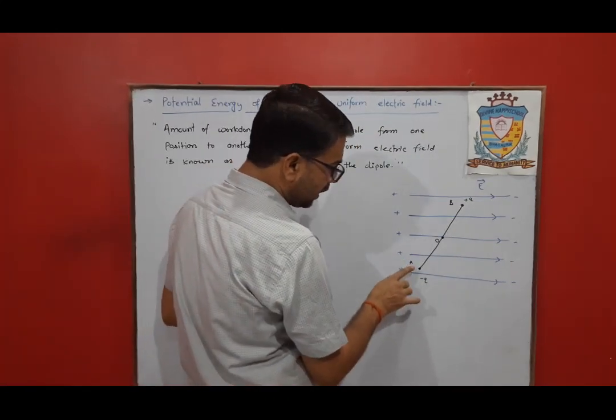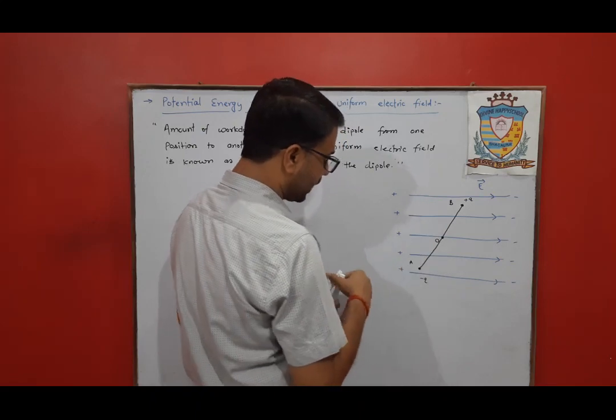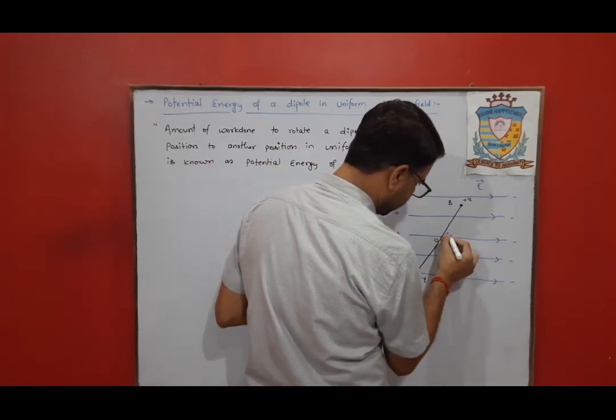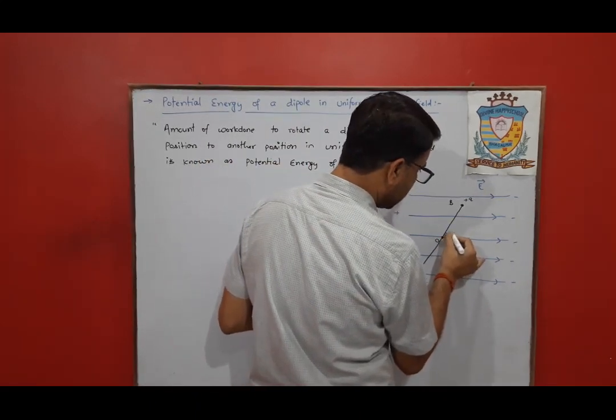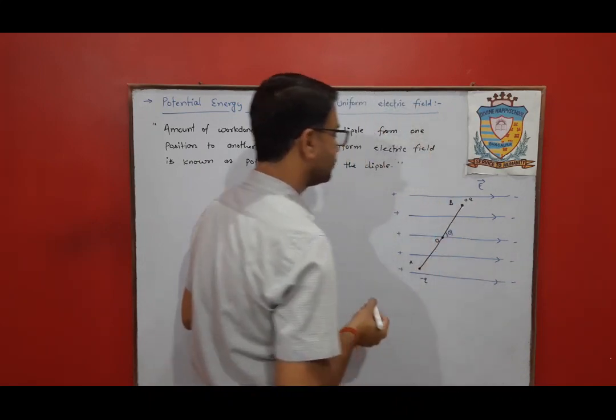So suppose initially dipole AB is kept at an angle theta 1. Let this angle is theta 1.